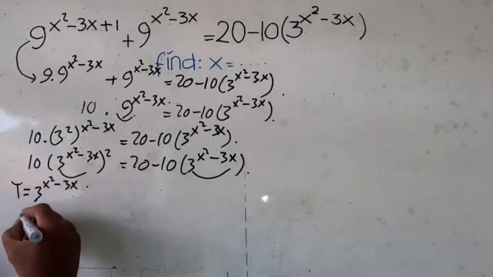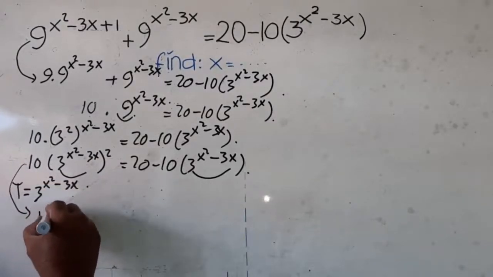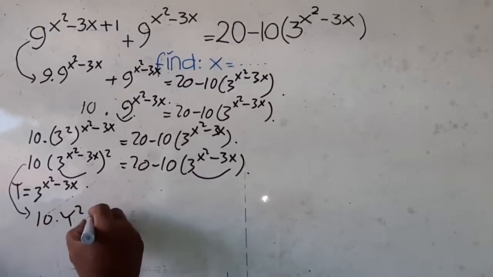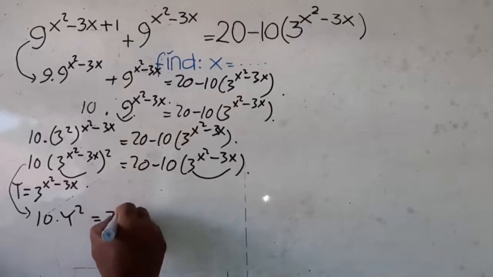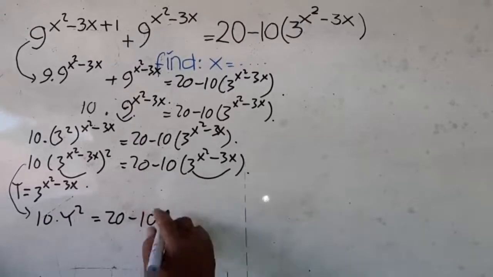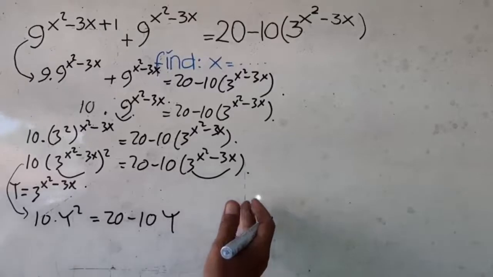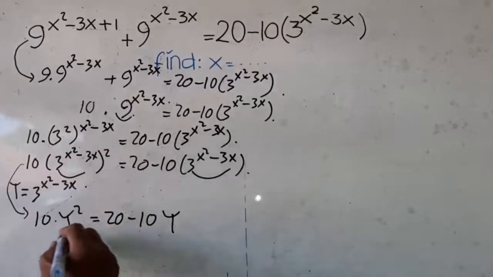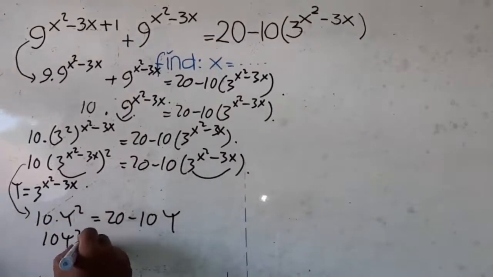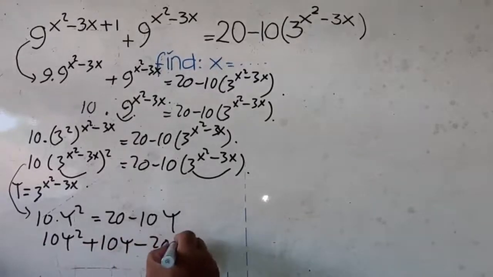So that 10 times y square equal 20, y, and move to the left side. Then y minus 20 equal 0.